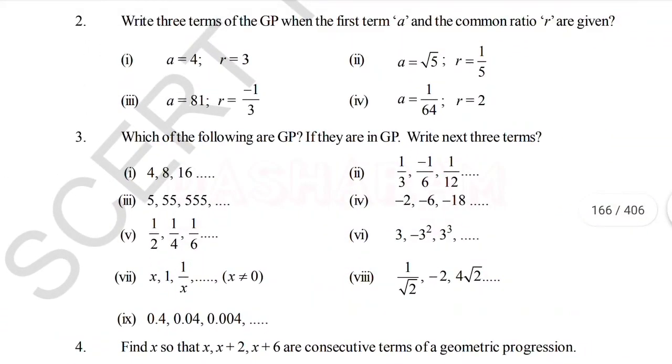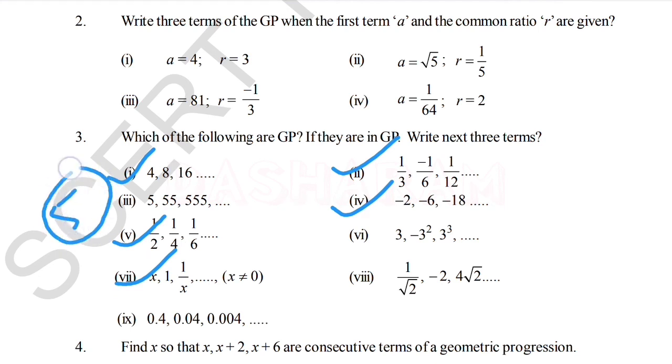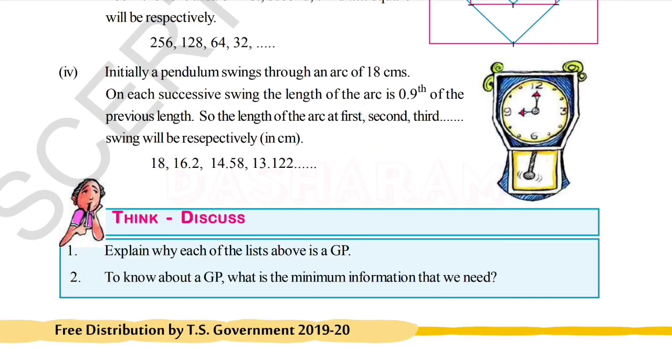In the third bit, the first problem, second problem, fourth, fifth and seventh, 5 problems are homework. Along with these 5 problems, I already gave some more problems at the beginning: explain why each of the lists above is a GP. So these are the homework problems for today. Thank you.